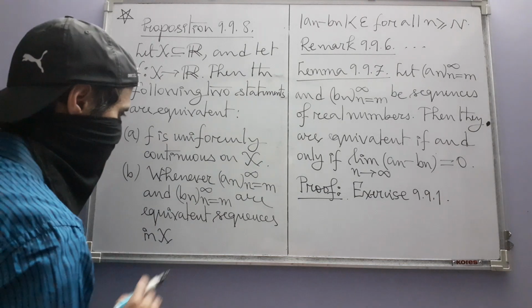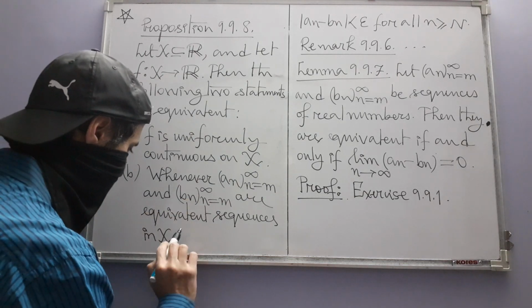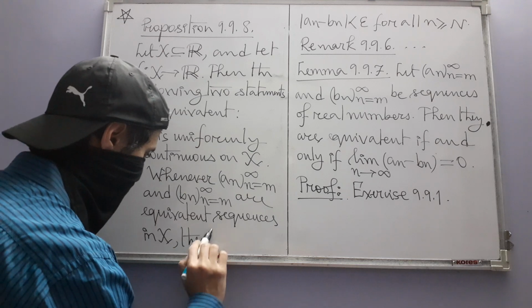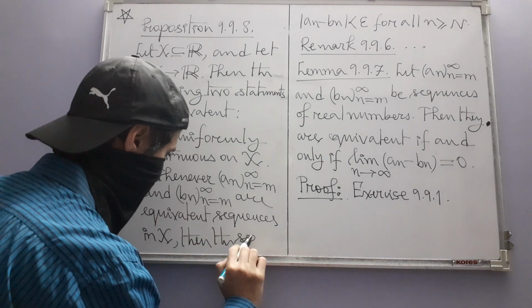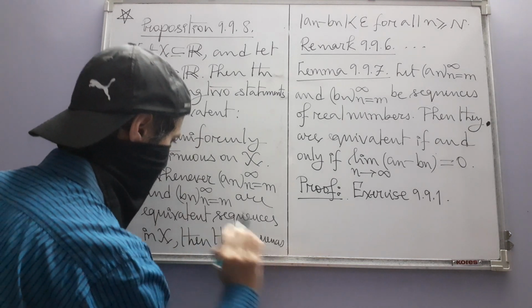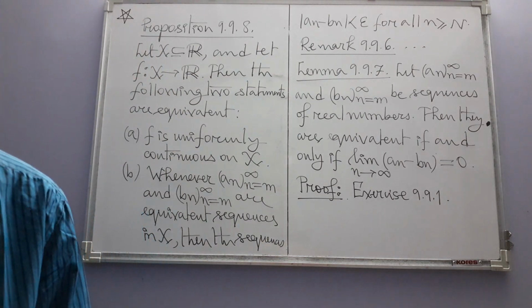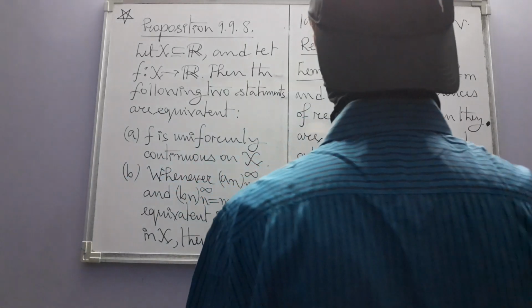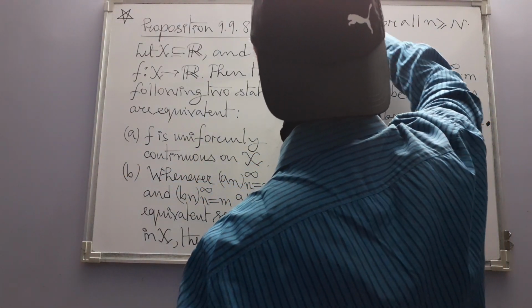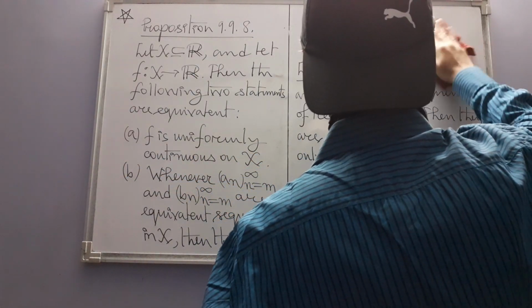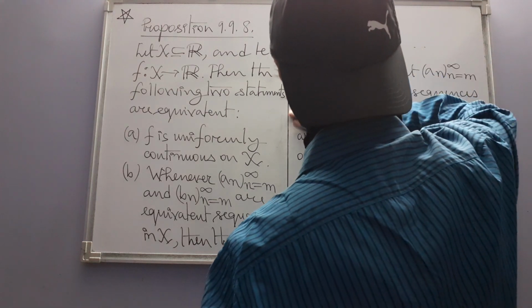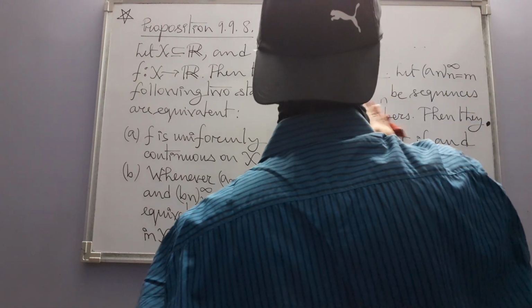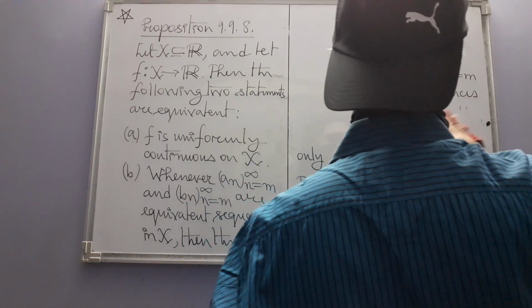If we have such a pair of sequences, then the sequences f of a_n and f of b_n are also equivalent. That is the second statement. So the proposition claims that if any one of them is true, then the other is also true.